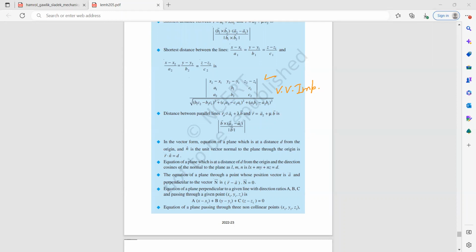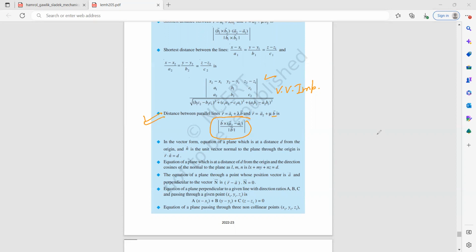Distance between parallel lines r = a1 + lambda b, r = a2 + mu b. Here vector b is the same, so b cross (a2 minus a1) divided by the magnitude of b, and take the whole mod. I guess plane is not in your syllabus, so you can skip this. You can do up to here, distance between parallel lines.